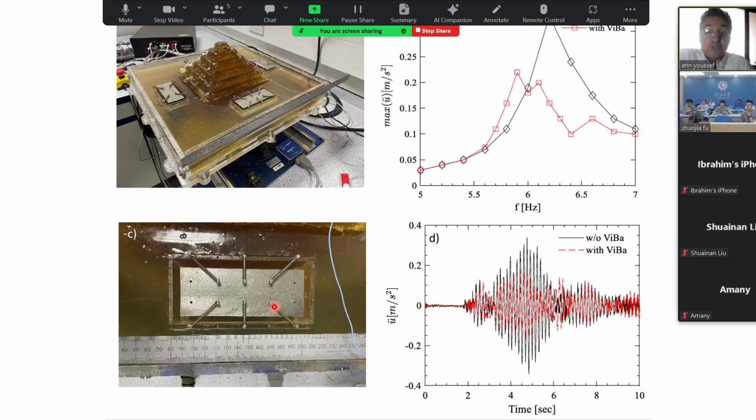Professor Piero Cacchiola made a very nice small laboratory model of the pyramid, put the vibrating barrier outside it, and verified this result. The reduction mainly comes from the design of the vibrating barrier: the mass we install, the spring stiffness we install, and the distance between the vibrating barrier and the pyramid itself.